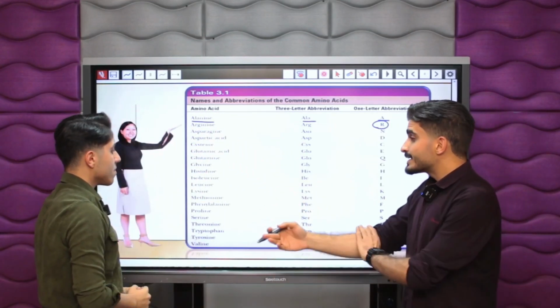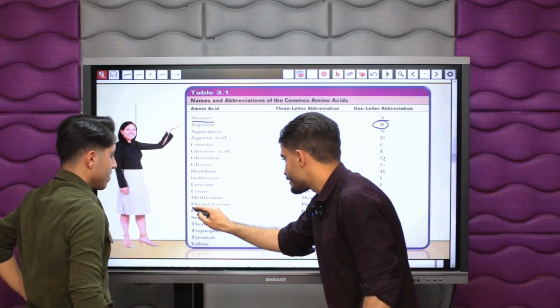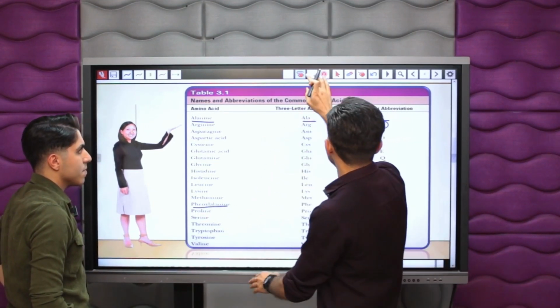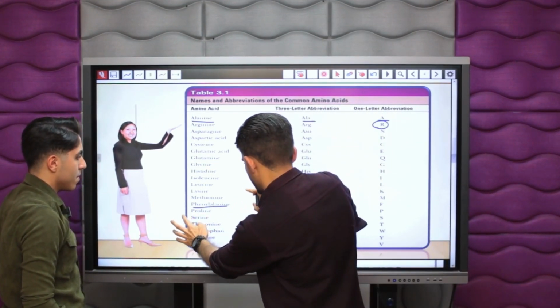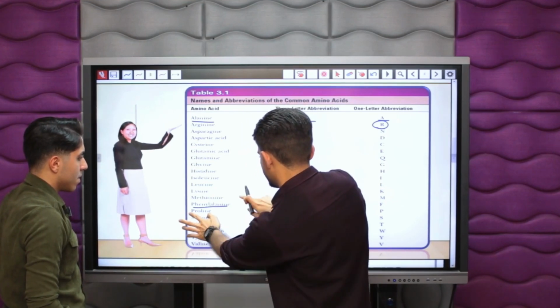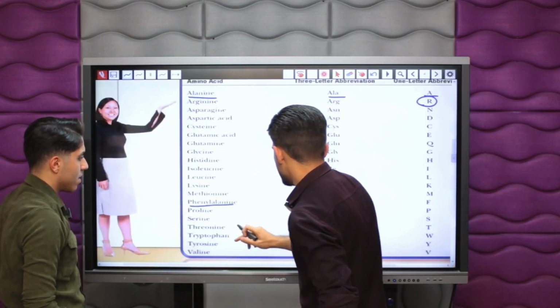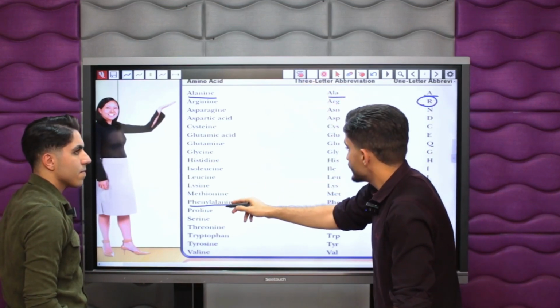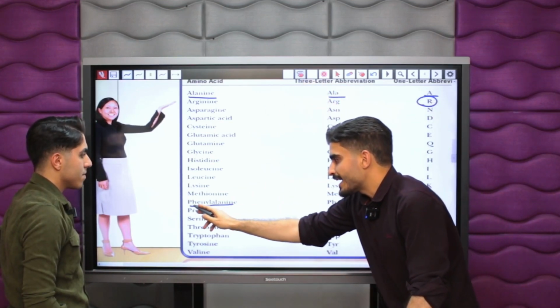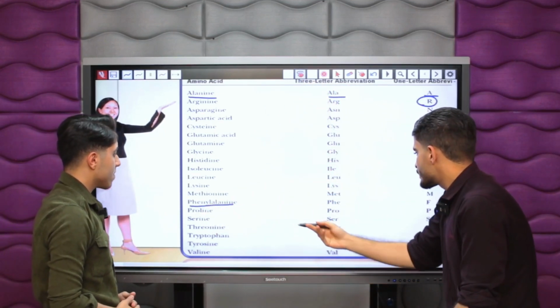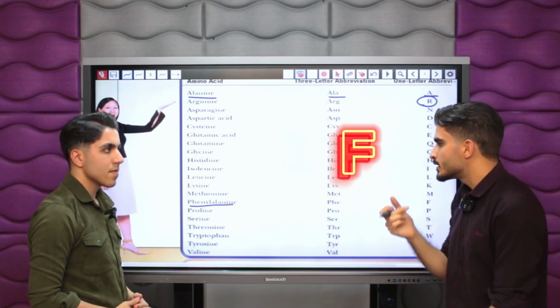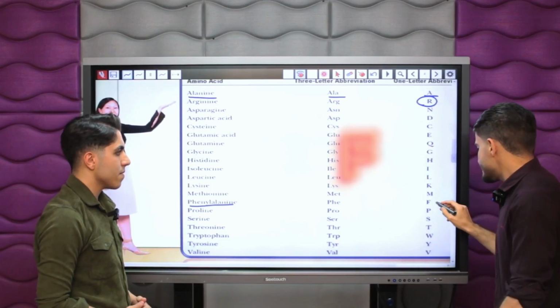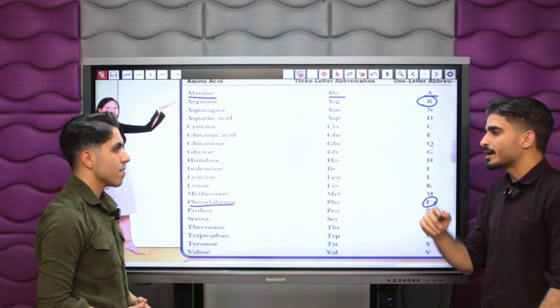Good. In the case of phenylalanine, let me zoom on it. In the case of phenylalanine, the P and H are pronounced F. So, this symbol is used as an abbreviation.